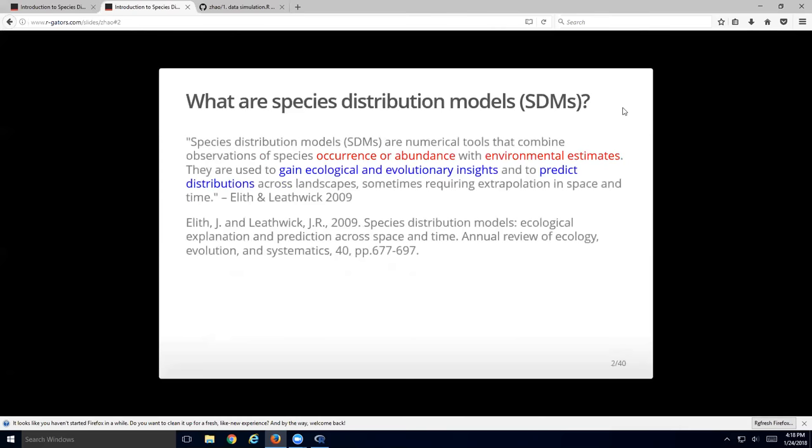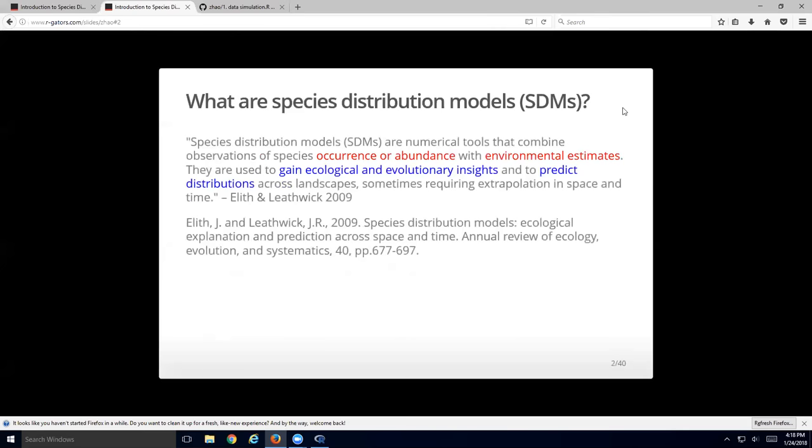But species distribution models also link that observation of occurrence or abundance with environmental data, particularly since now we often have environmental data for the entire study area or for the entire world, at very fine spatial resolution thanks to GIS techniques.